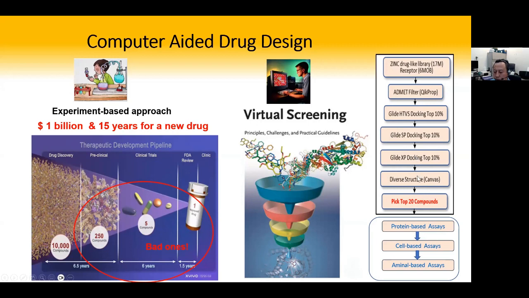And then we do clustering of the candidates to diversify the molecular scaffolds. And then we pick compounds, and that smallest set can be subjected to experimental testing. So in this way, we fully incorporate the computation into the workflow of drug discovery.